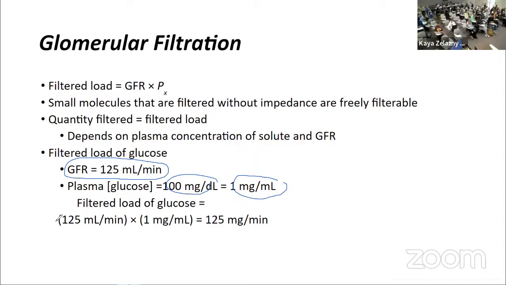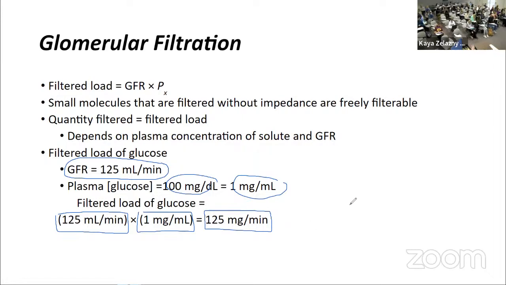We would then multiply that across to see how much glucose is ending up in our nephron. We have 125 milliliters per minute, and very conveniently, 1 milligram of glucose per milliliter. So our filtered load for glucose is 125 milligrams of glucose per minute going into that filtrate in the kidneys.